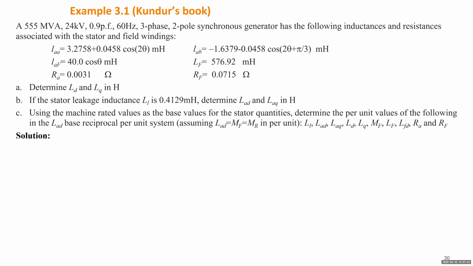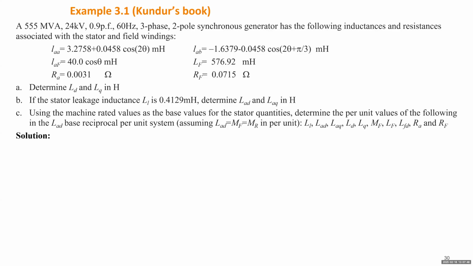And the power factor is 0.9, 60 Hertz, three phases and 2 poles. 2 poles means this is a round rotor generator. So you can imagine there's a symmetry between the D and the Q axis. Even if that may not be perfect, you'll have very close values between the D and the Q axis.